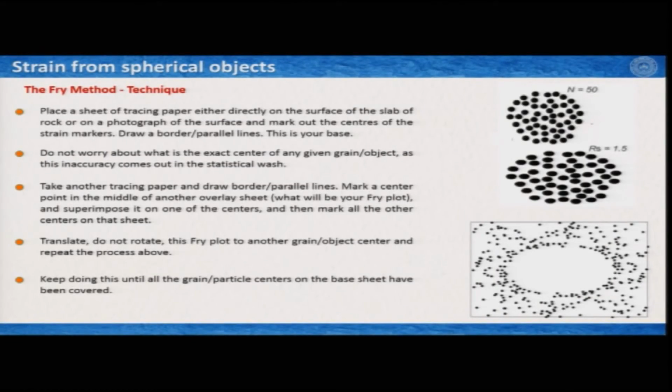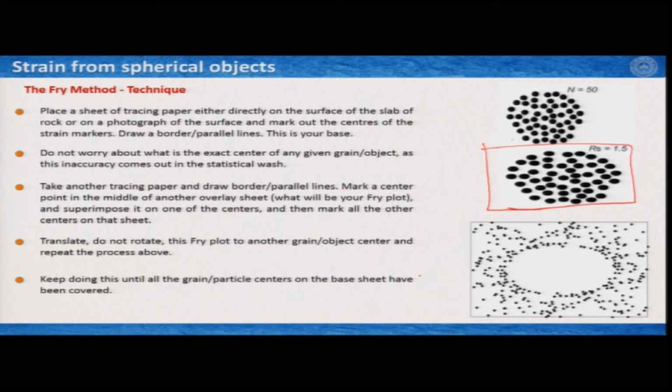What I have shown is some circular objects that got deformed to a strain of 1.5, and you will get this in your field or in your thin sections when you look at microscopes. It could be stretched grains, it could be some fossils or whatever.